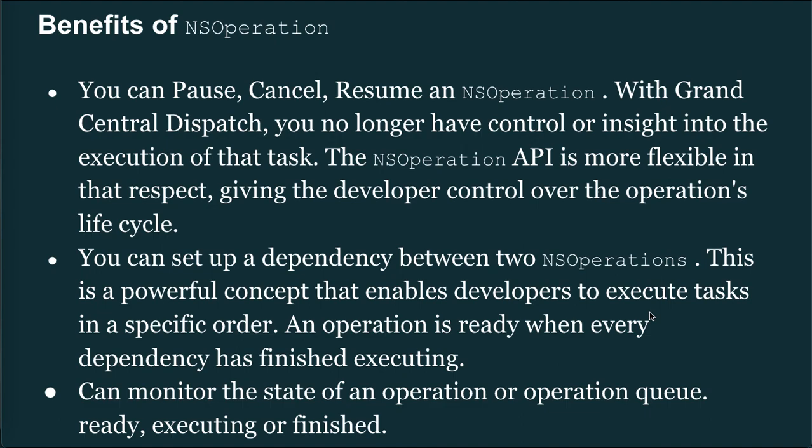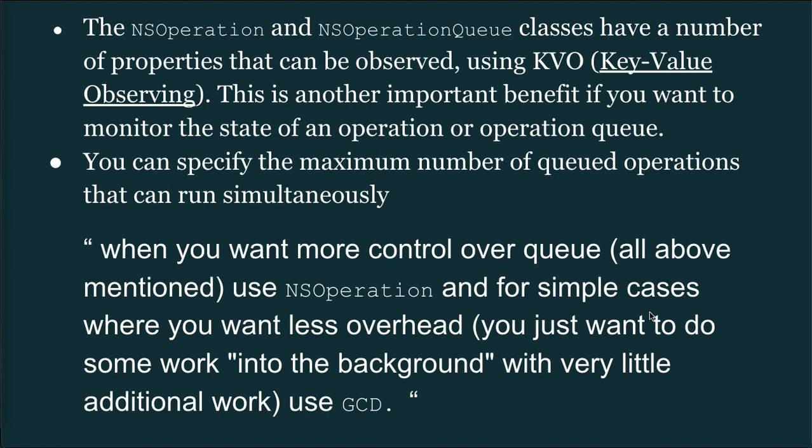You can monitor the state of an operation or operation queue: ready, executing, or finished. The NSOperation and NSOperationQueue classes have a number of properties that can be observed using KVO, key-value observing. This is another important benefit if you want to monitor the state of an operation or operation queue.